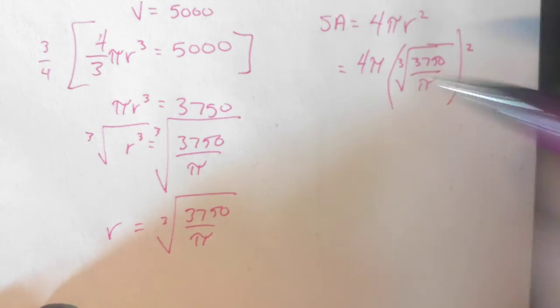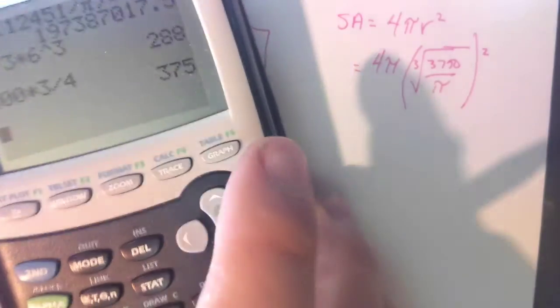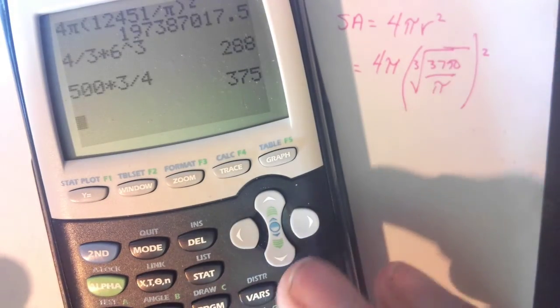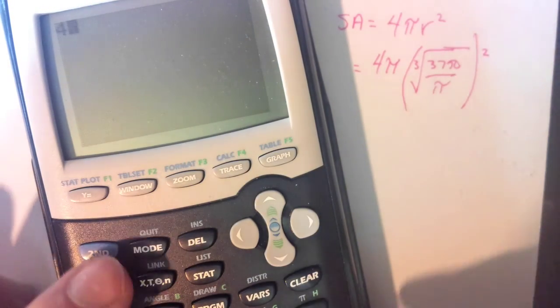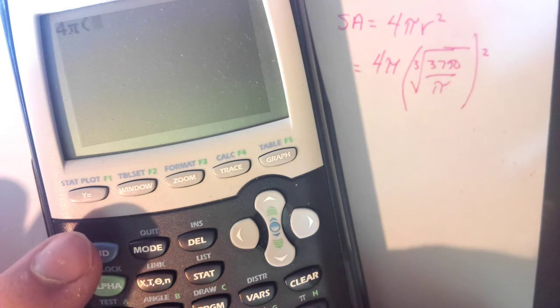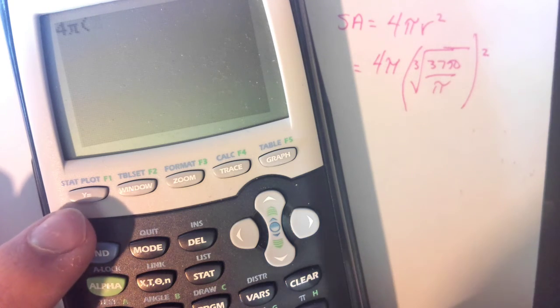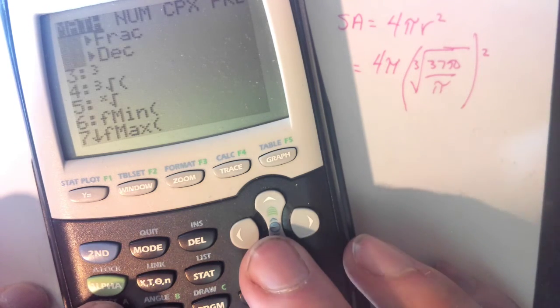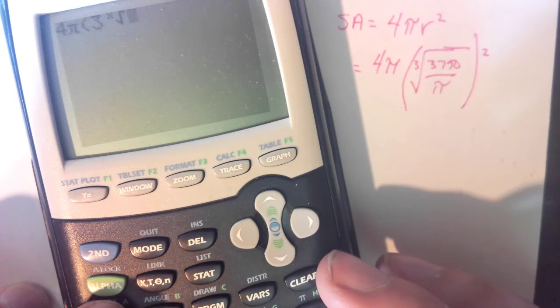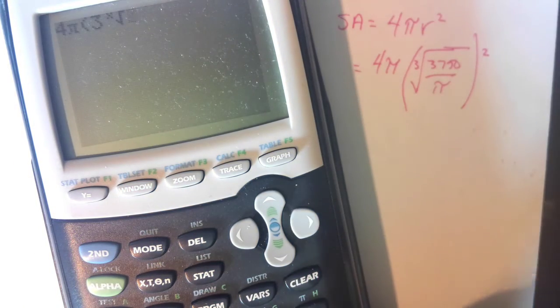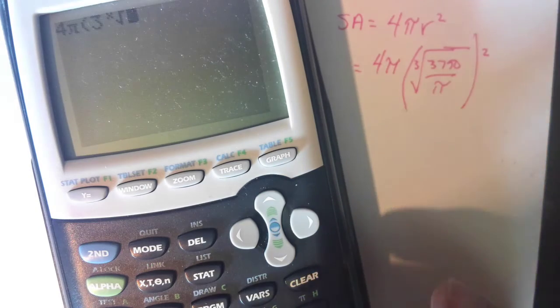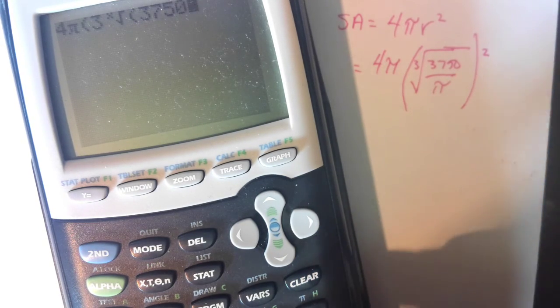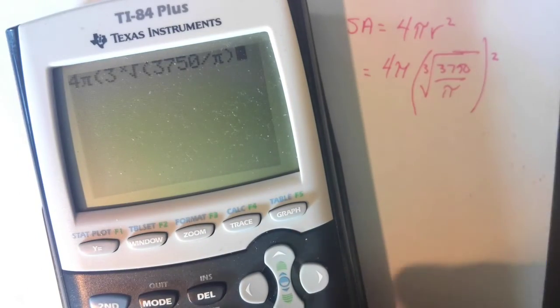And again, I'm just going to type that all in my calculator, not worry about simplifying anything. So 4 pi times the cube root of 3,750 divided by pi, quantity squared.